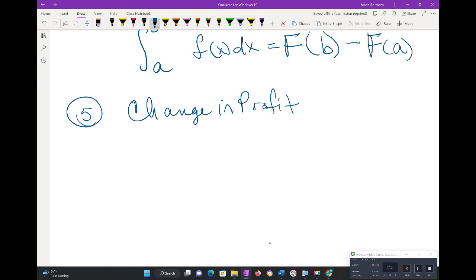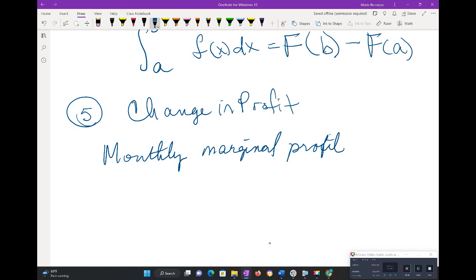The monthly marginal profit is given as P prime of x equal to 165 minus 0.1x, where x is between 0 and 4,000.